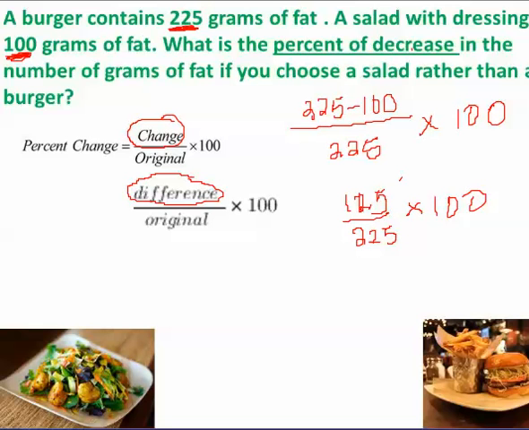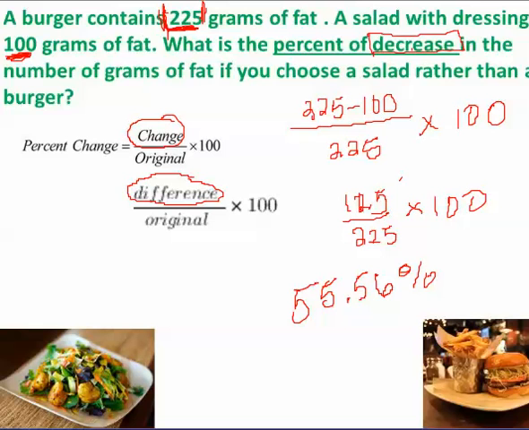Again, why did I divide by 225? Because that was my original amount up here. Now I'm just doing the math. 125 divided by 225 and times 100 tells me that that is a 55.55 or 6, because it keeps going on, 5% decrease in fat.